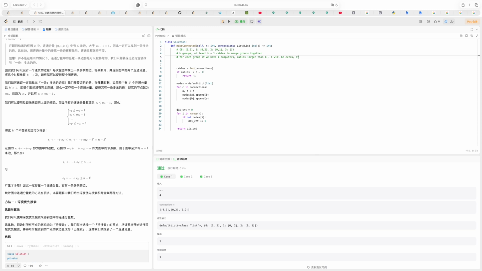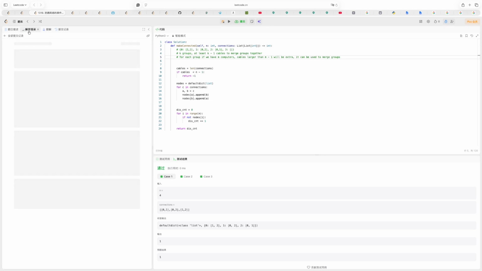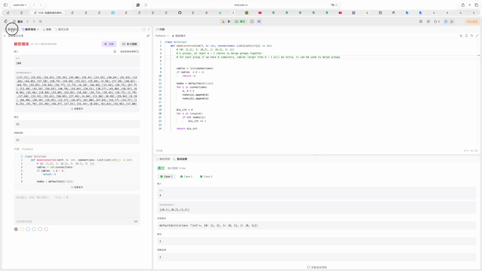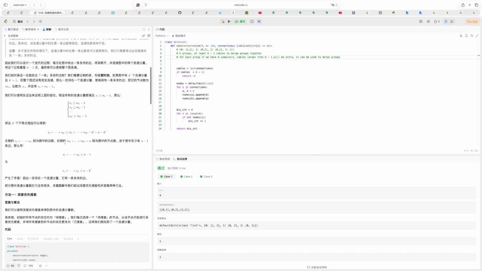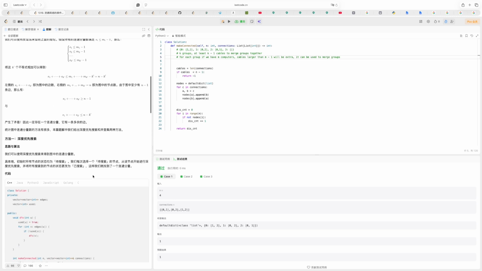That means it can be used to merge groups. Okay, then I think the first thing that we need to do is find the K groups.